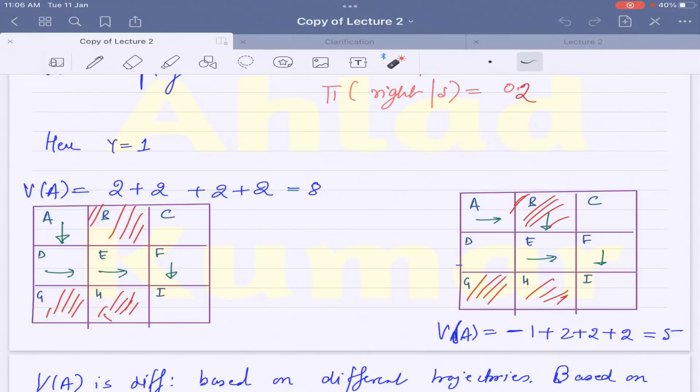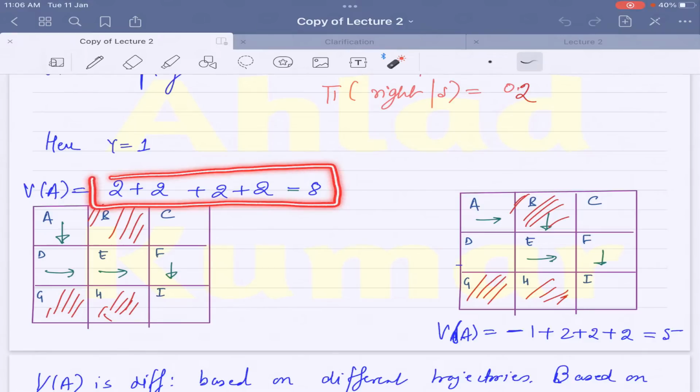In this particular trajectory, it has not moved into any of the prohibited states, so its rewards will all be +2. As you can see, +2 for the transition from A to D, and again +2, and again +2, and finally again +2. Once you have this reward in your hand, the value function of this state A is given as 8.